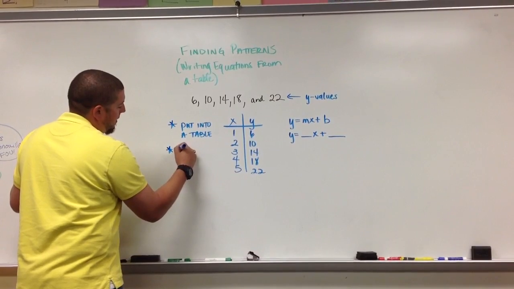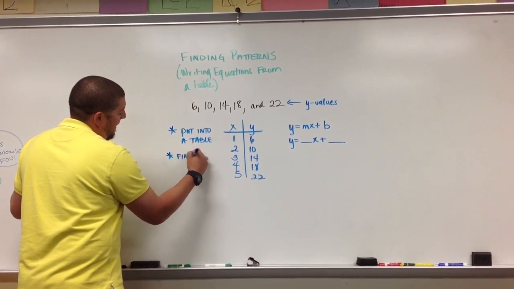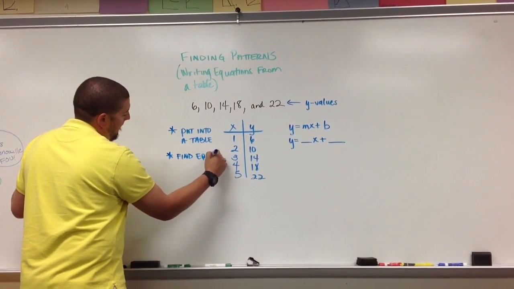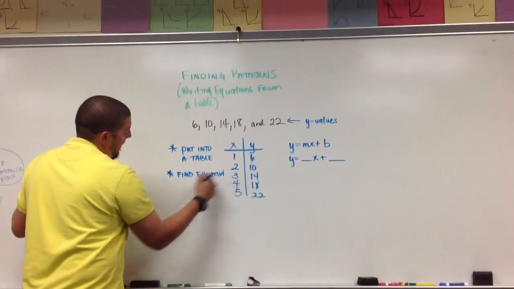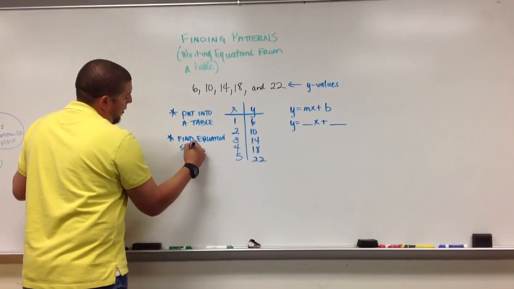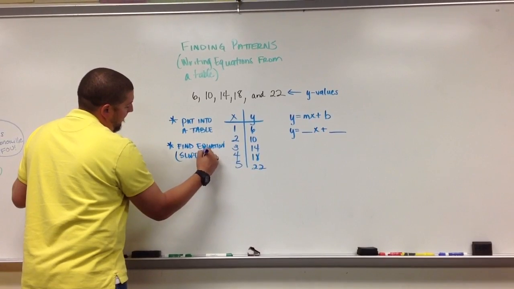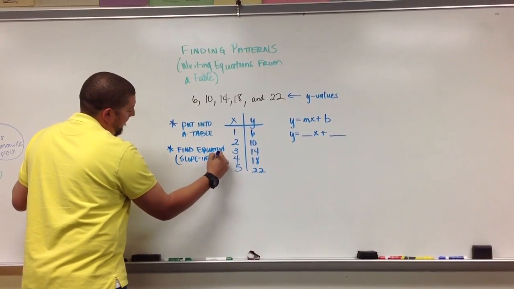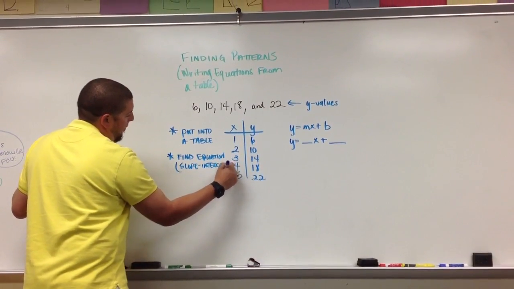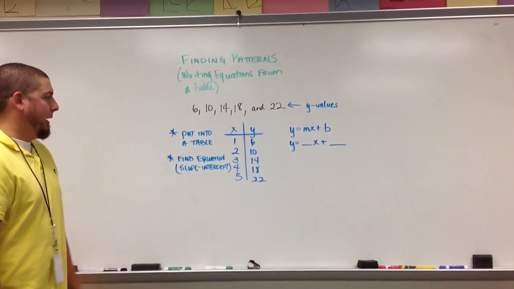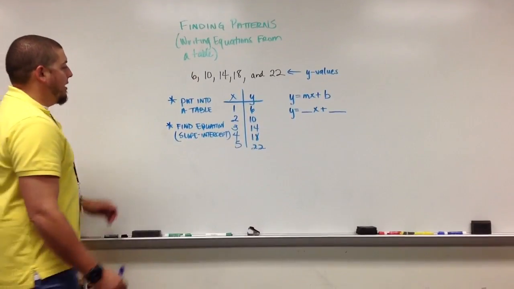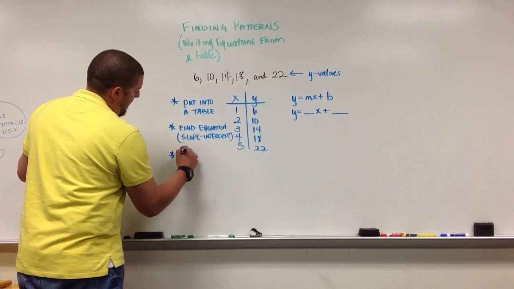Then I'm going to find the equation in slope-intercept form. And slope-intercept is y equals mx plus b. The first thing I need to do in order to do this is find slope.